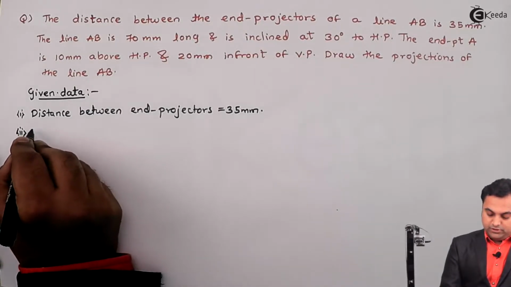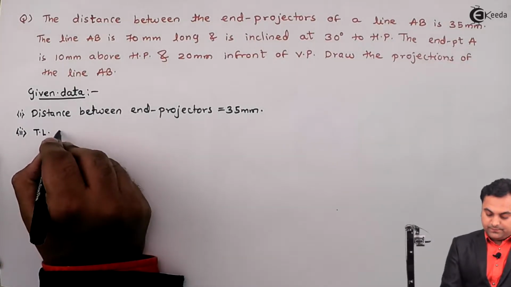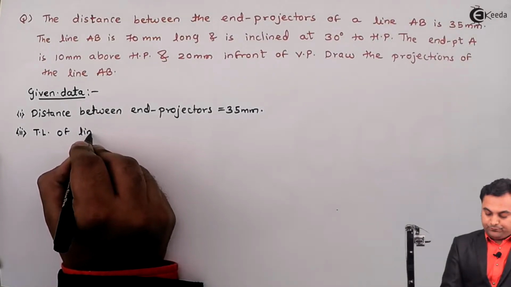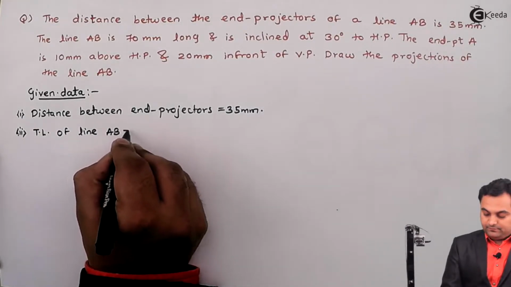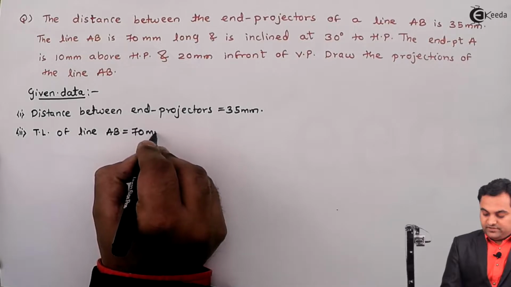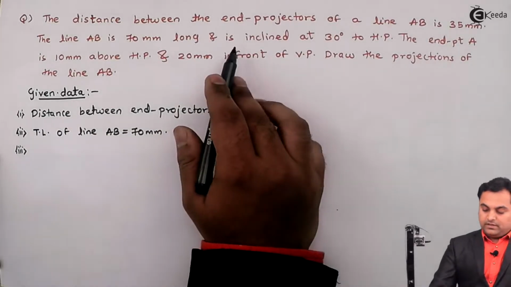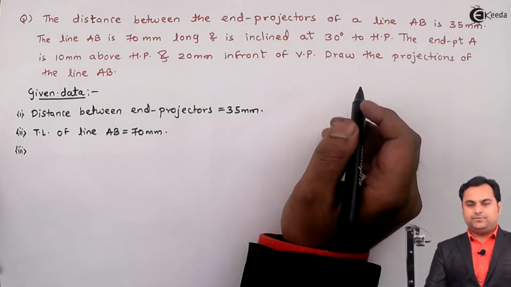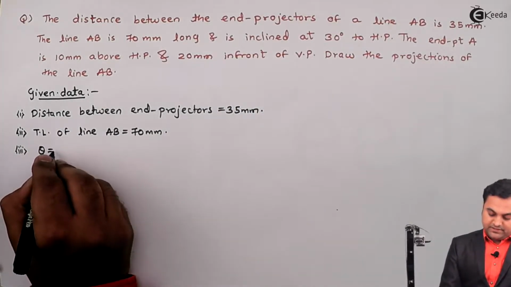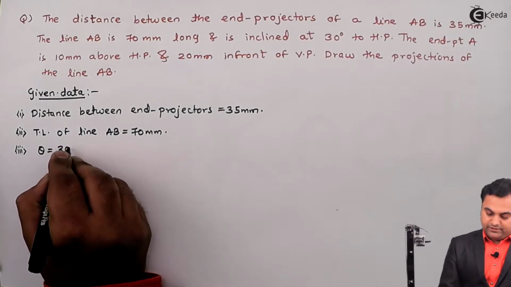So that is the true length of the line, which is TL of line AB, 70 mm, and is inclined at 30 degrees to HP. Inclination with HP is seen in VP and denoted as theta.